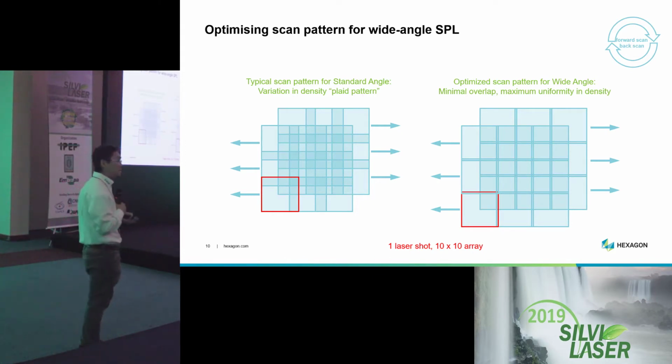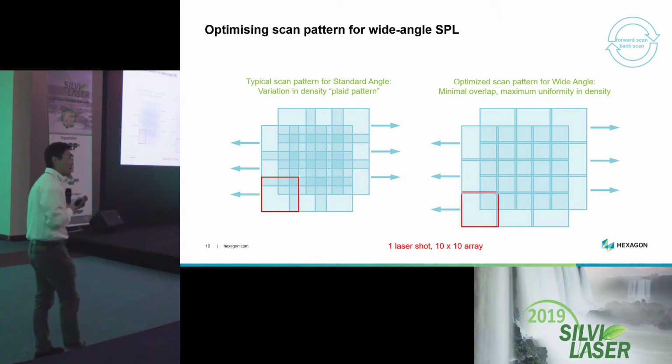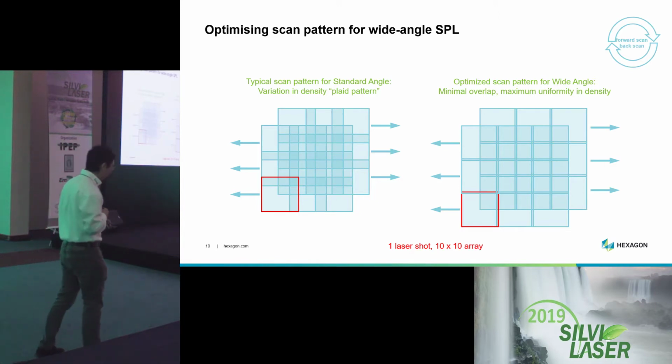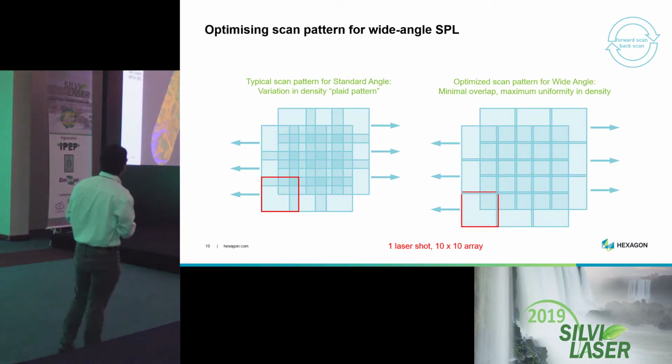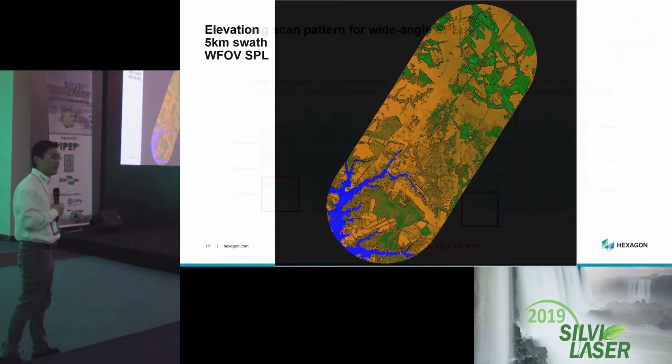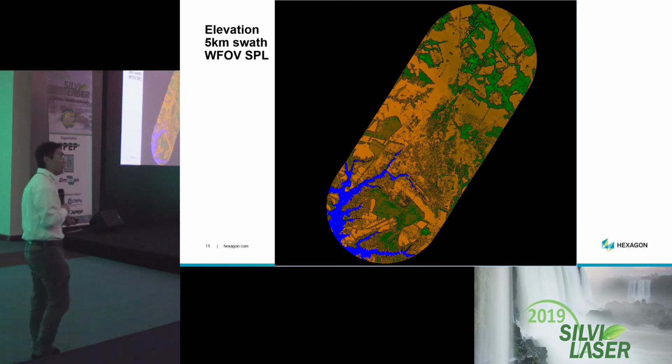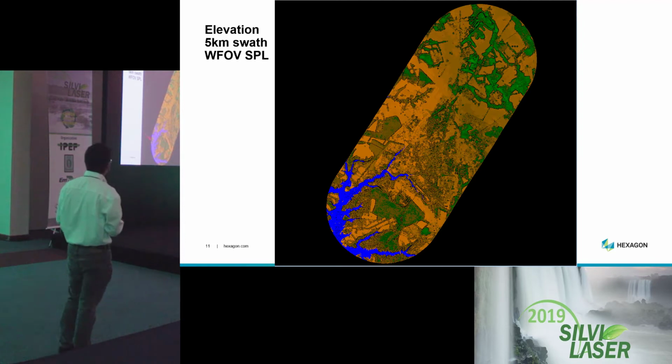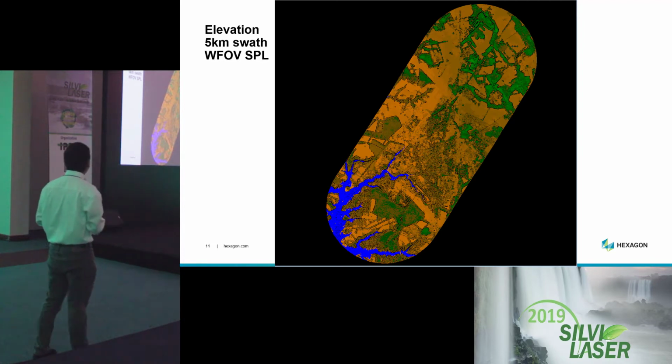By optimizing the speed of the scan, we can also have much more homogeneous areas, and this way we can achieve this productivity. This is an example with this new wide field of view with the 5 kilometers swath.